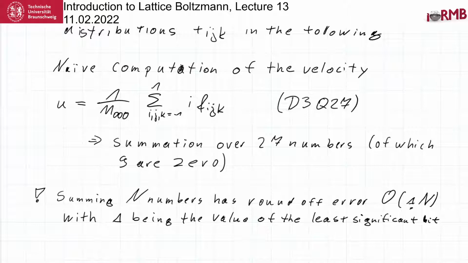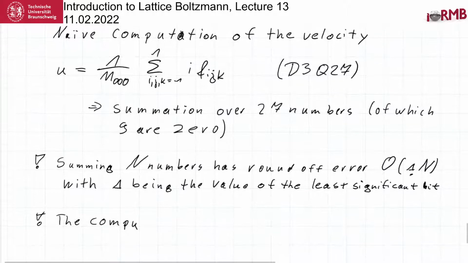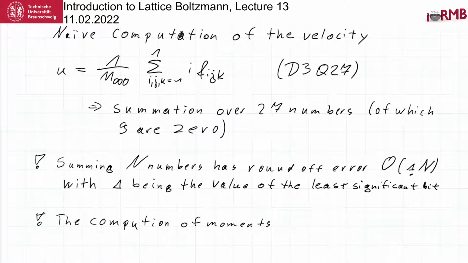Now the problem in Lattice Boltzmann is that we have many, many sums. The computation of moments requires many sums like this.